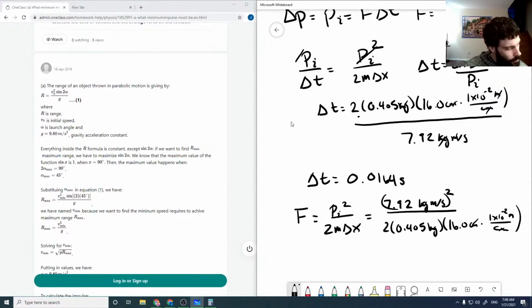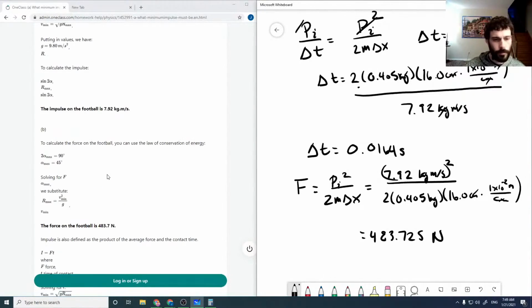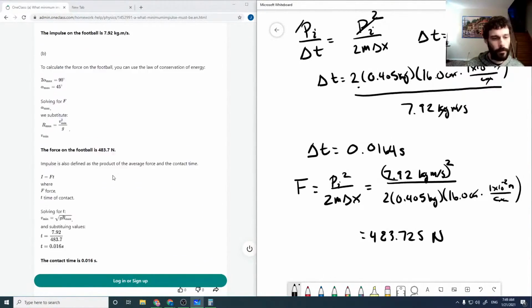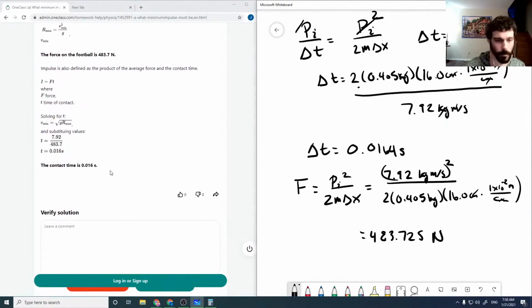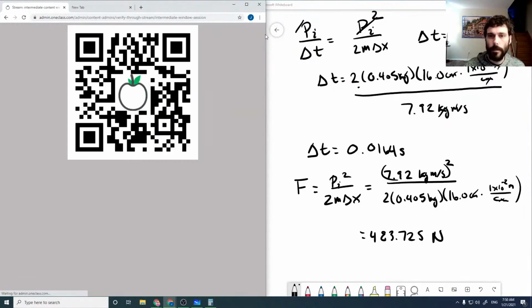And our force comes out to be 483.725 newtons. So again, checking the solution here, 483.7. So that looks good. All right, so it looks good.